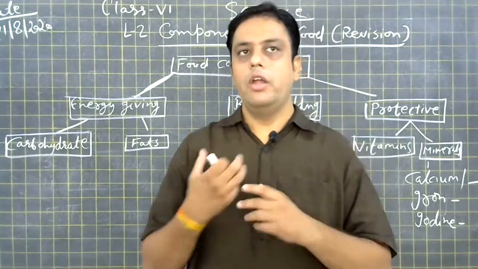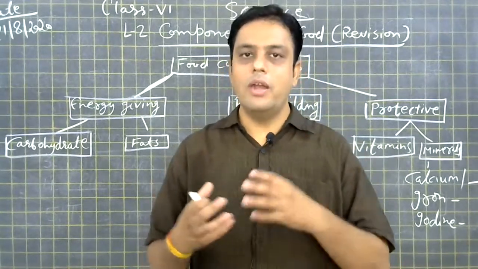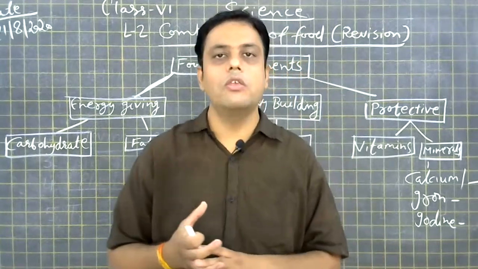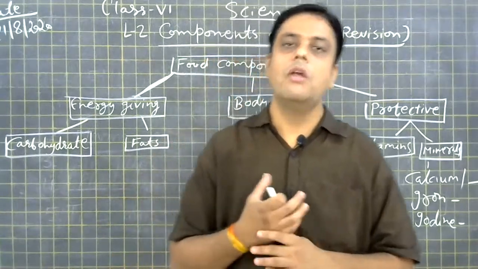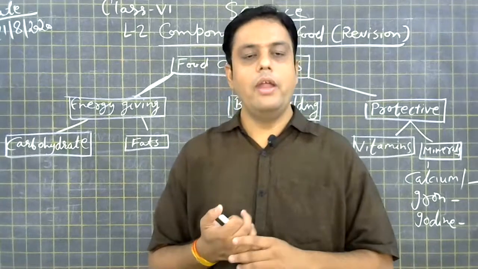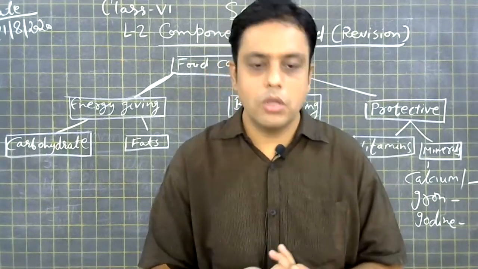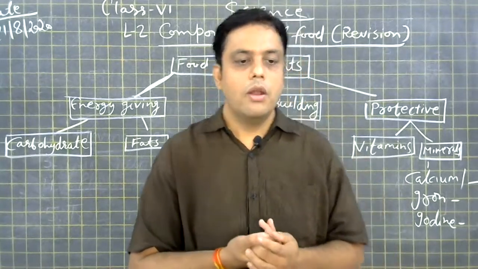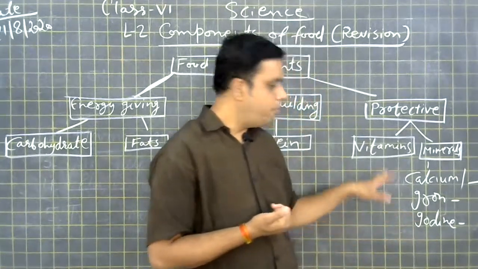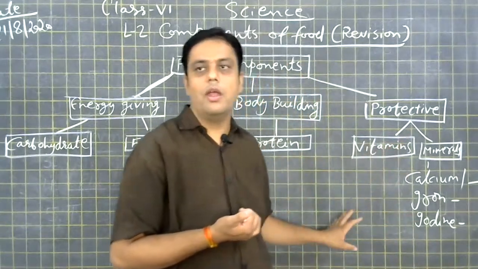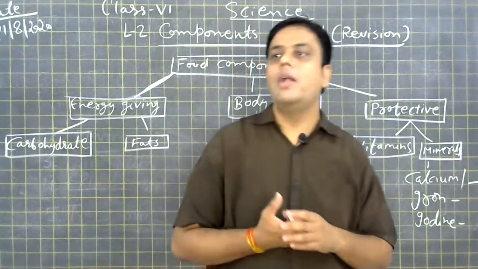It mixes with the waste material and helps in excretion of the waste that we excrete from our body, and it also prevents constipation. These are roughage. And one most important thing is left, that is water.